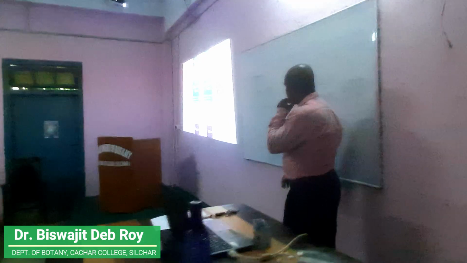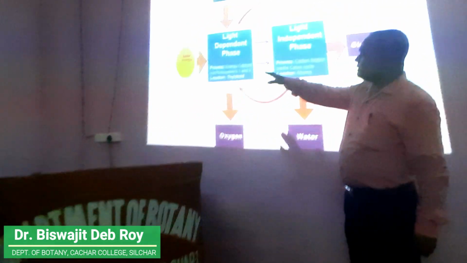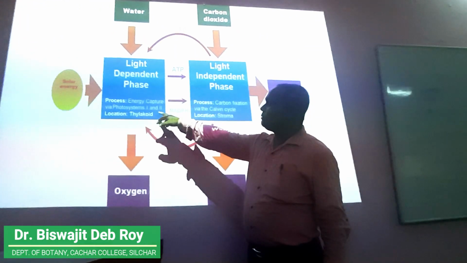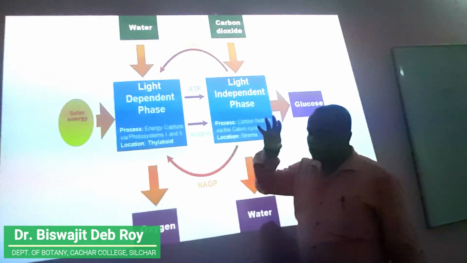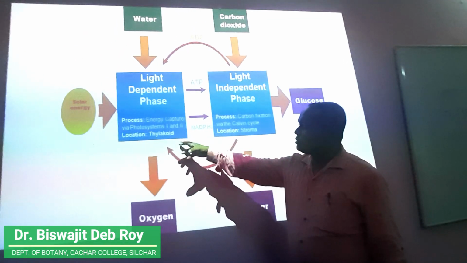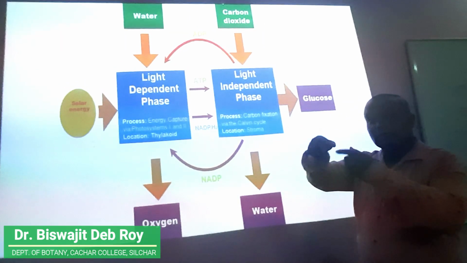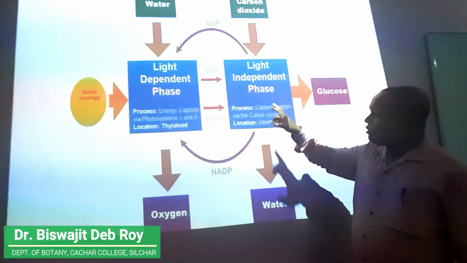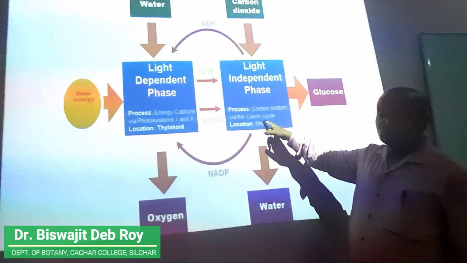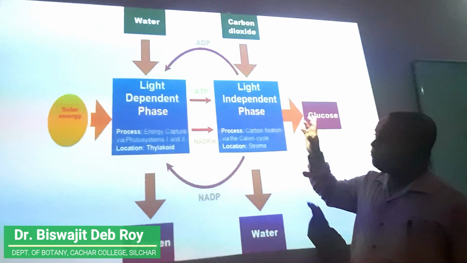Now come to the PowerPoint slide. In the PowerPoint slide, we see that photosynthesis has two major phases. One is the light dependent phase, one is the light independent phase. In the light dependent phase, the sunlight is captured by chlorophyll molecules in the thylakoid membranes, and in the light independent phase, the products of the light reaction, that is ATP and NADPH, help the fixation of carbon dioxide in absence of light through Blackman's reactions or Calvin cycle in the stroma of chloroplast.